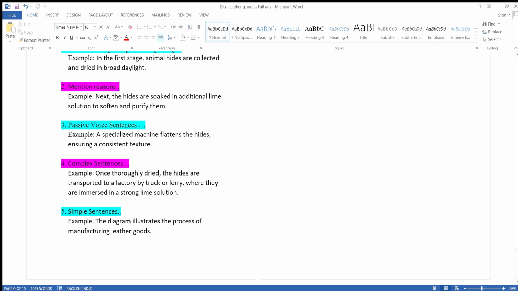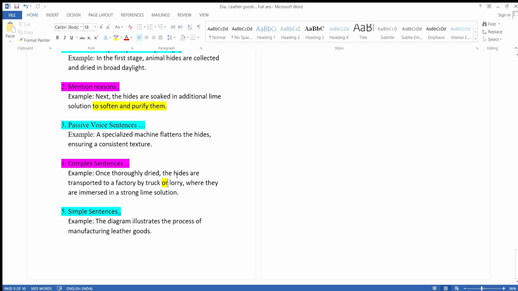Though it is not stated, try to do a little bit of development, which is why the hides are soaked in lime water. That is to soften and purify them. So this is the development. Similarly, use of passive voice sentences. So it is a specialized machine flattens the hides, ensuring a consistent texture. It is the complex sentence usage, which is the use of or the use of and in the sentences.